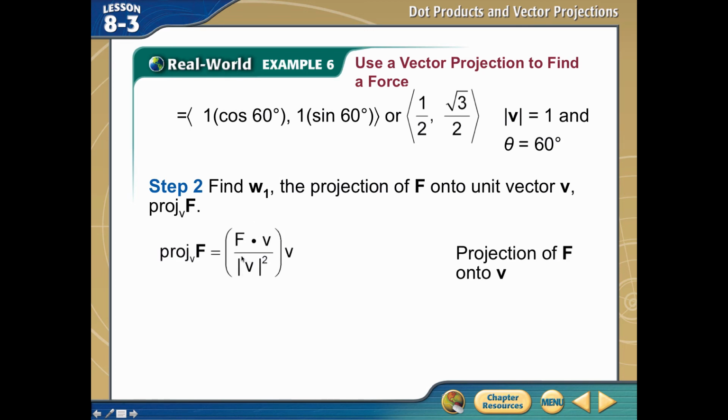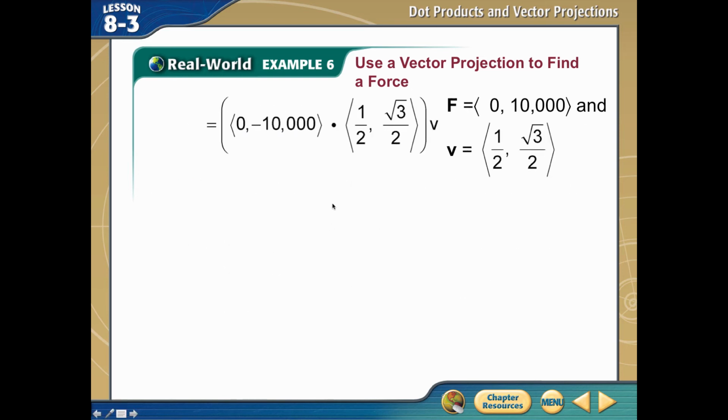What is the magnitude of vector v? It's 1. What's 1 squared? 1 squared is 1. So you can just drop this whole part from the equation, and it becomes your force vector dot that unit vector, and then you multiply that scalar times the unit vector.